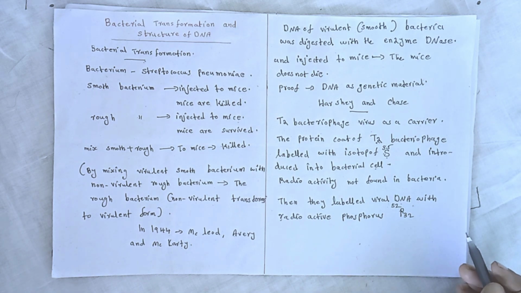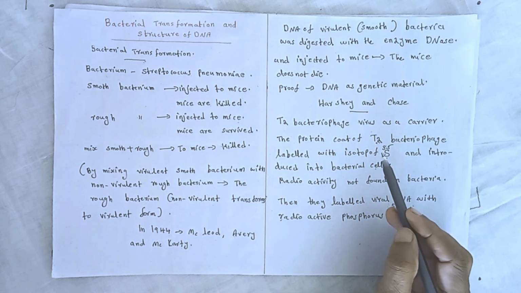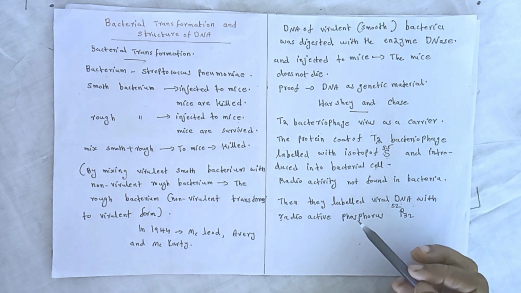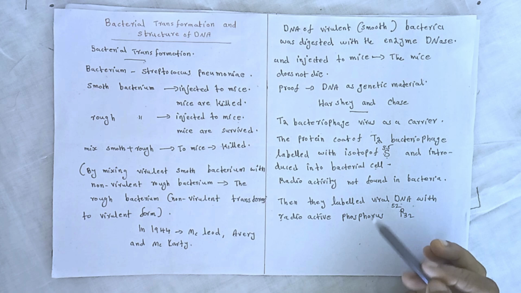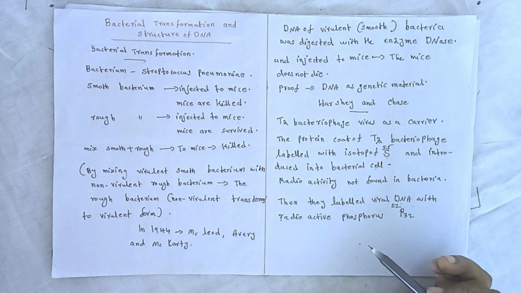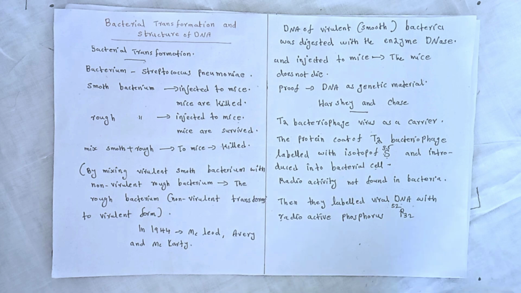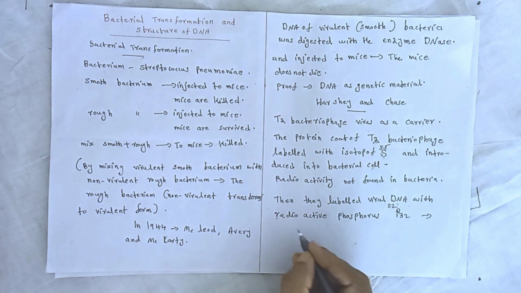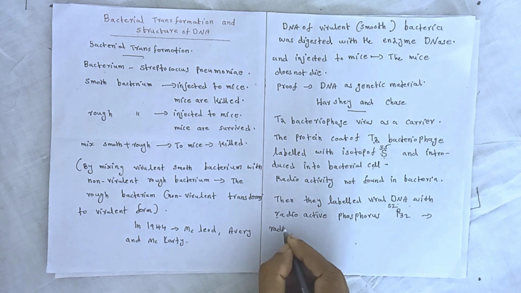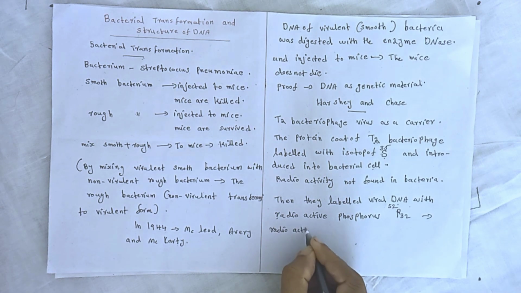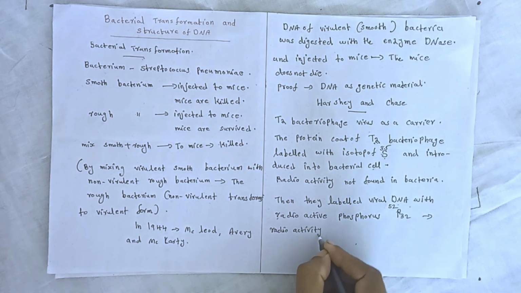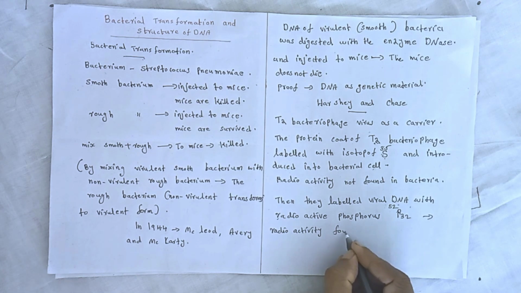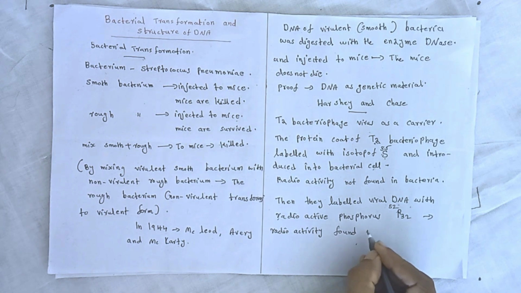They labeled the DNA of T2 virus with radioactive phosphorus, then introduced it to the bacterial cell. The radioactivity of phosphorus was found inside the bacteria.